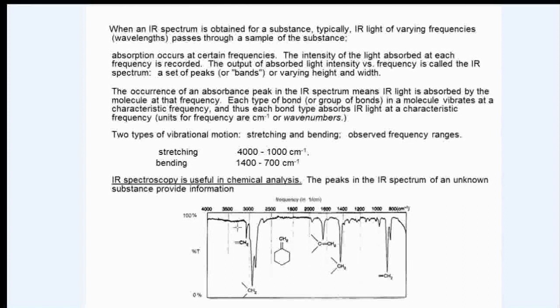Now, when I indicated that the frequency for each peak appearing in the spectrum is indicated, the frequency unit that is used is not the typical frequency unit that we normally use for frequency. Frequency is normally in hertz, which means cycles per second. But in IR spectroscopy, instead of using cycles per second, that is hertz, we use a quantity that's directly proportional to frequency, and it's called wave numbers.